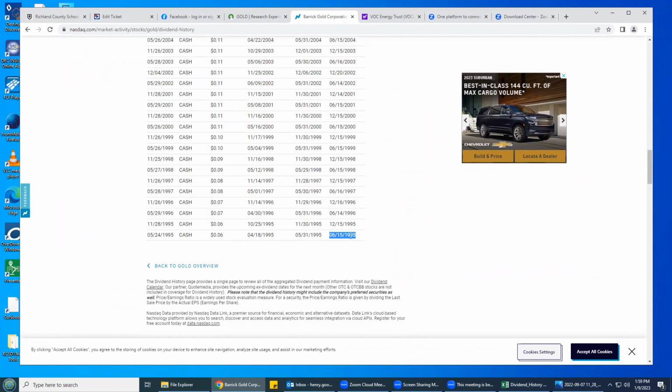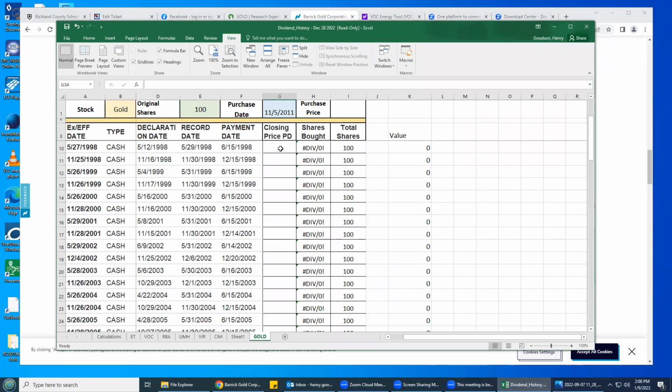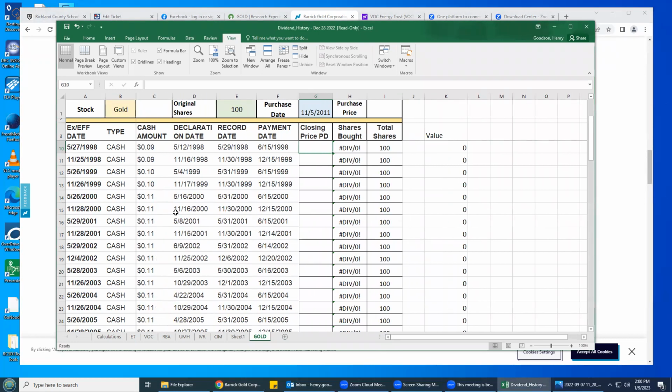So you want to go to 1995, and you want to put the dividend amount in at 6 cents. And you're also going to need to know the closing price. So when you go back to your spreadsheet, it tells you it's 6 cents, so you can verify with 6 cents.